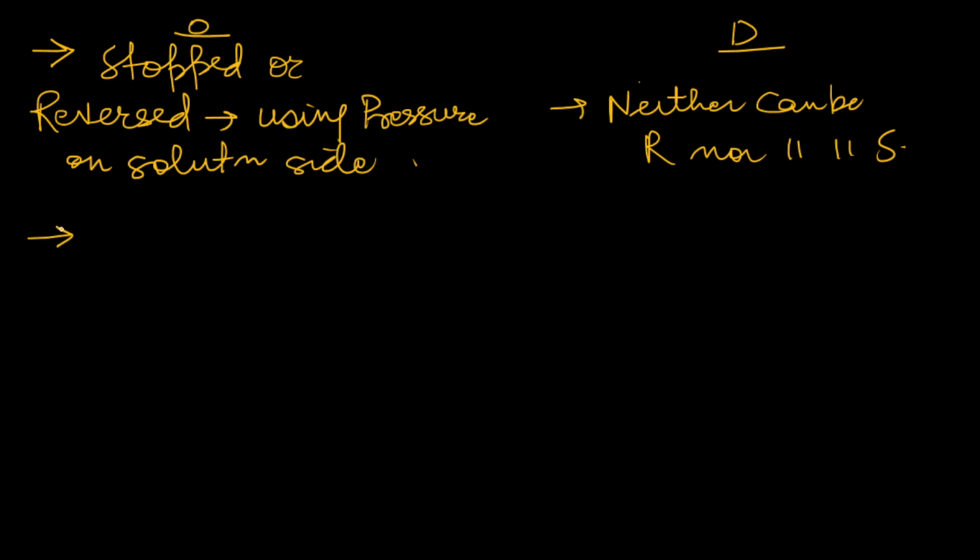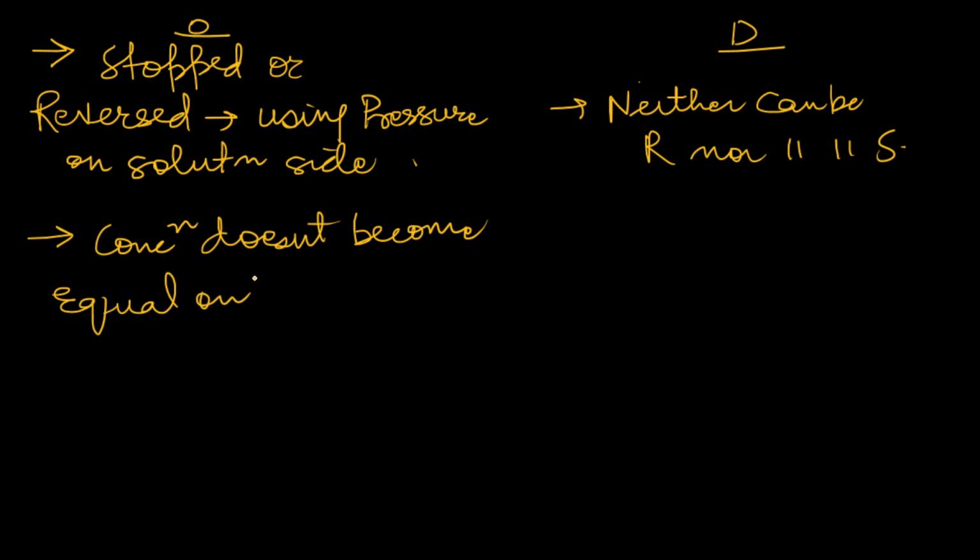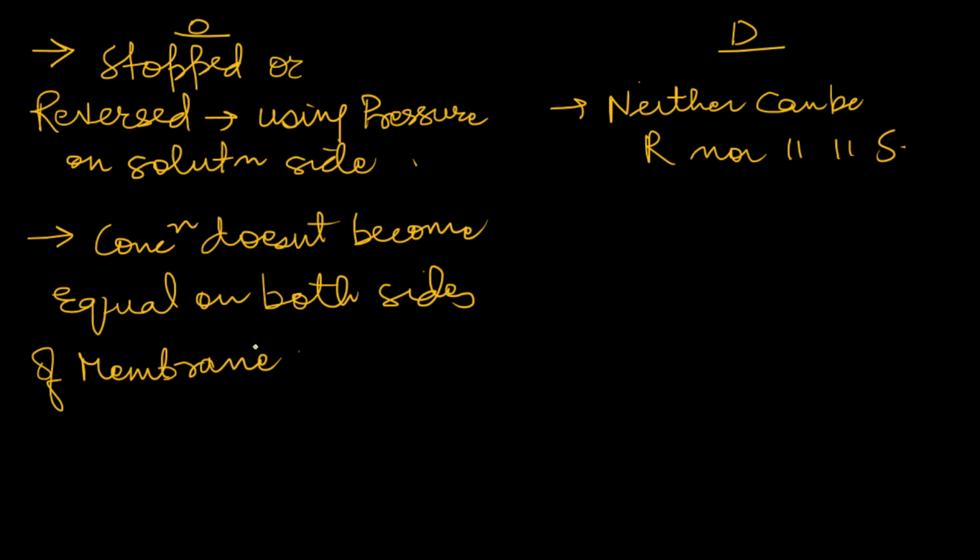The concentration of solvent does not become equal on both sides of the membrane in osmosis. And in diffusion, the concentration of the diffusing substance equalizes to fill the available space.